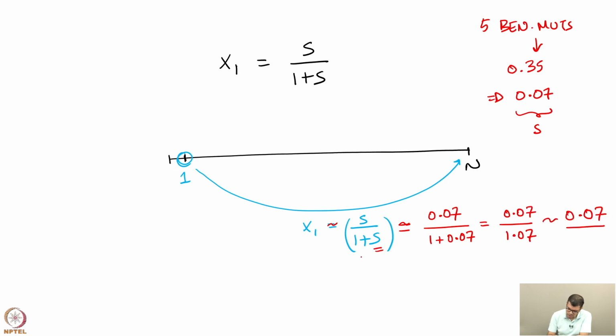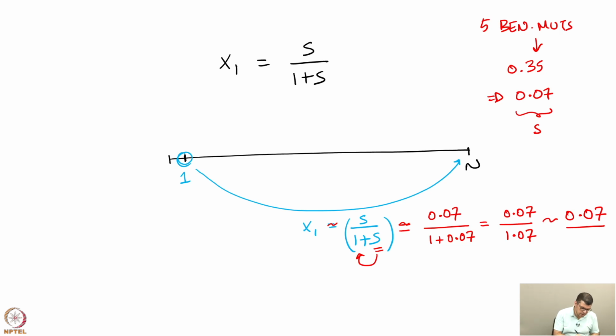Because S is usually a small number as compared to 1, because as you can see, a single beneficial mutation only provides a benefit of about 5-6%. So, S will typically be 0.04, 0.05 and so on, whereas 1 is several times bigger than that.